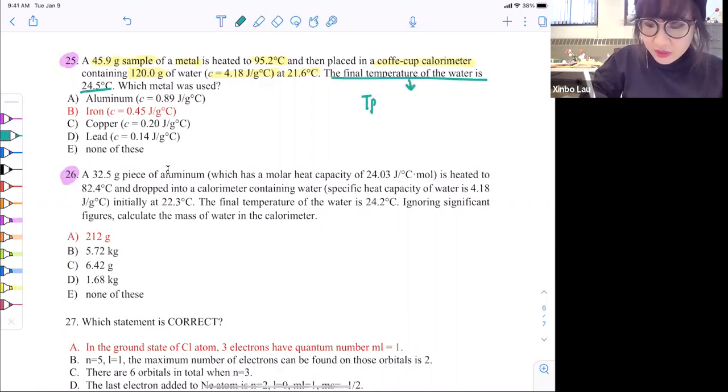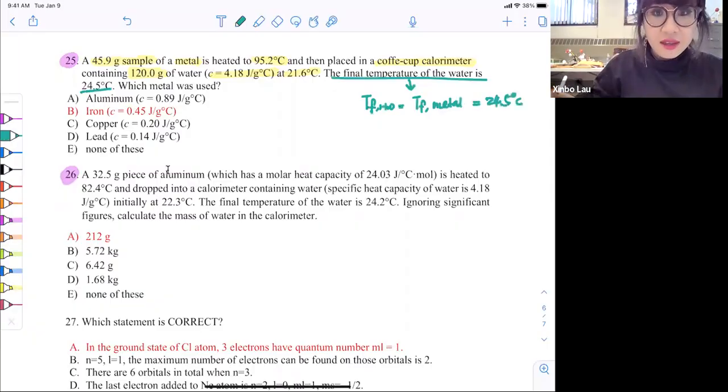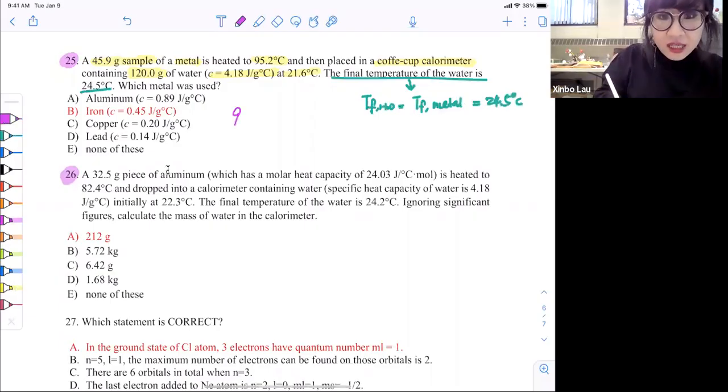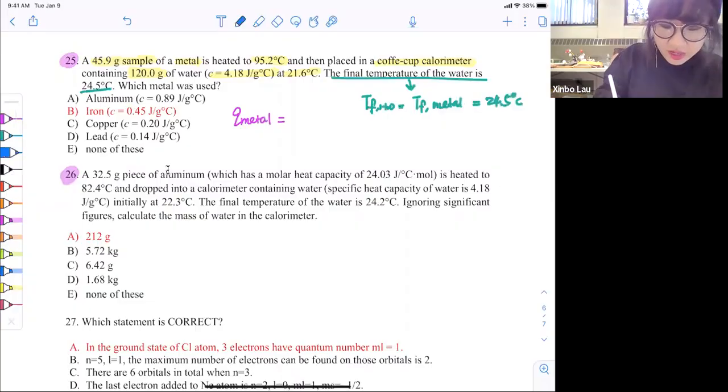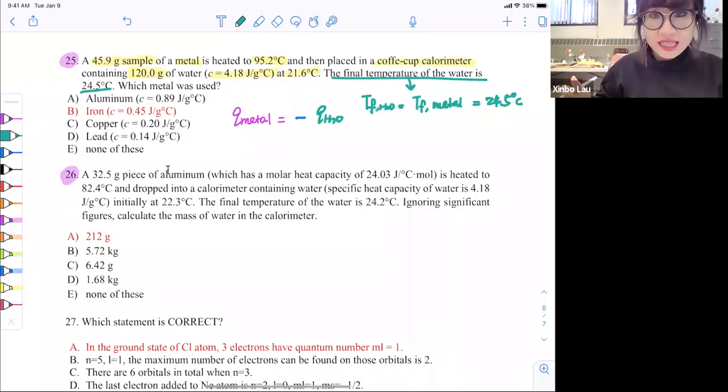The final temperature of the water equals the final temperature of the metal, which equals 24.5 degrees Celsius. Now we can set up the relationship: the heat of the metal has a negative relationship with the heat of the water. Then we can set this up and plug in the information we know.